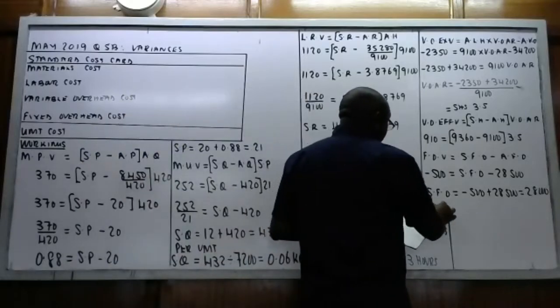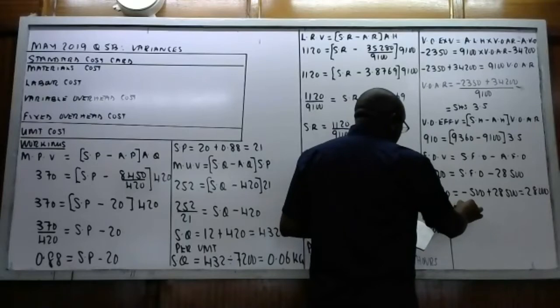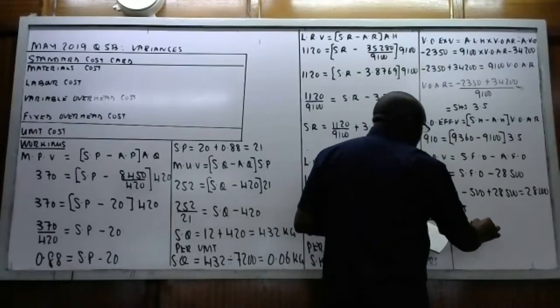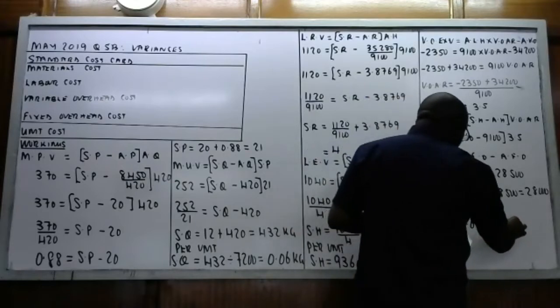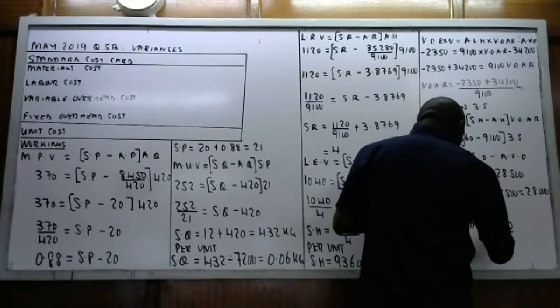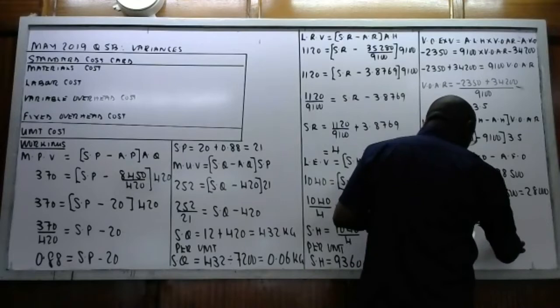So per unit, standard fixed overheads should be 28,000 divided by the units that were produced, which are 7,200.